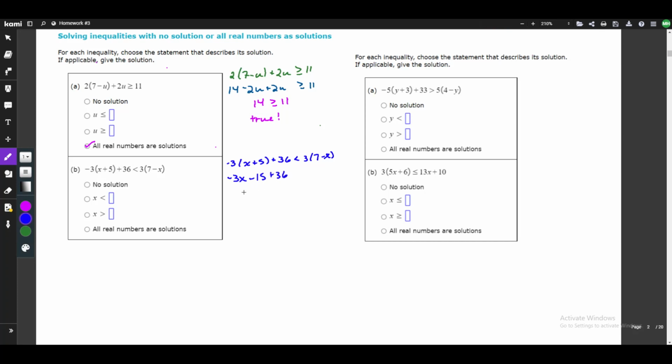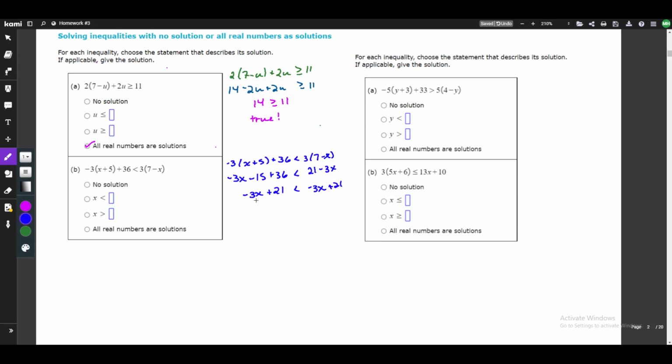Finish simplifying this. That gives me negative 3x plus 21. On the right side, I have my inequality. So 21 minus 3x. When I distribute that 3, get things in the same order. So this is the same thing as negative 3x plus 21.